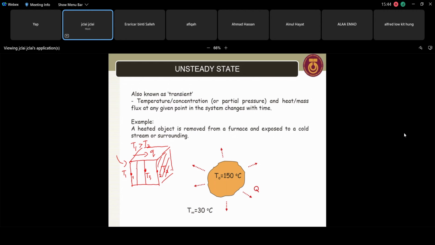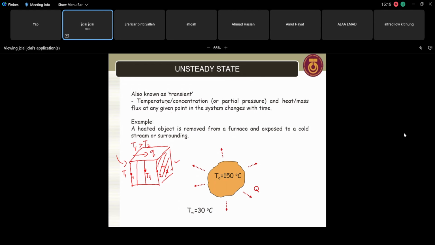So maybe there are sources of heat, meaning you use heating, so that heat is constantly supplied to both points or to one of the points, so that the temperature at any point in the system can be maintained at that temperature. This is what we say if the system is under steady state.